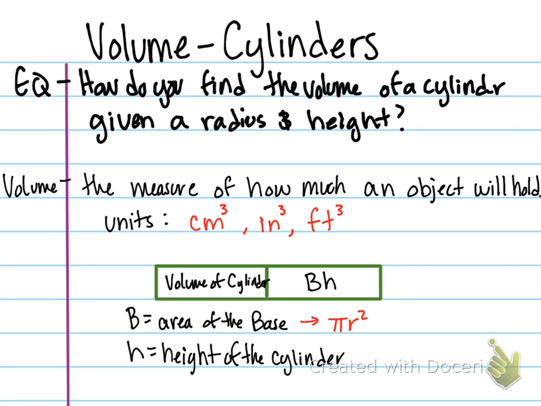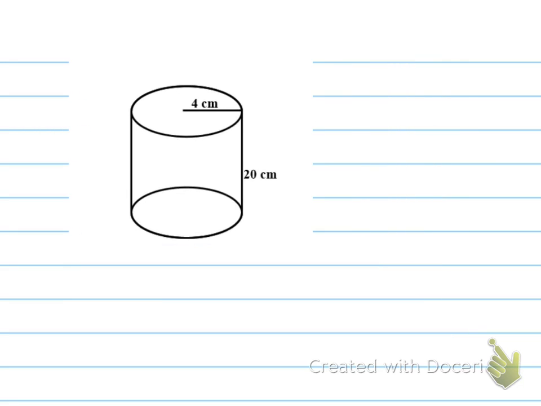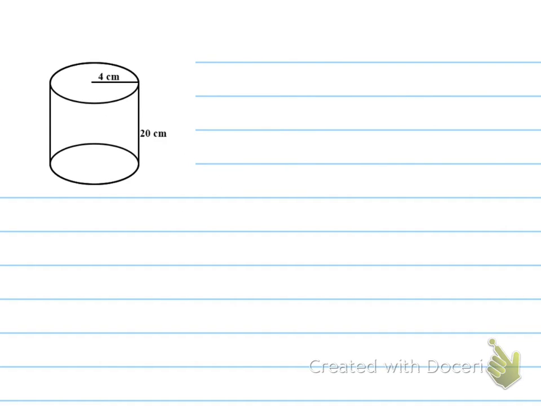Okay, so let's go ahead and use BH to do our first question. In our first question, we have this cylinder right here. So I know my formula is V is equal to B times H, and so I need to find the area of the base and the height of the cylinder.